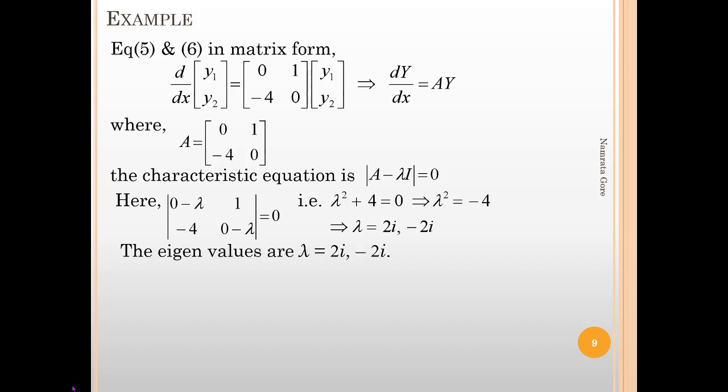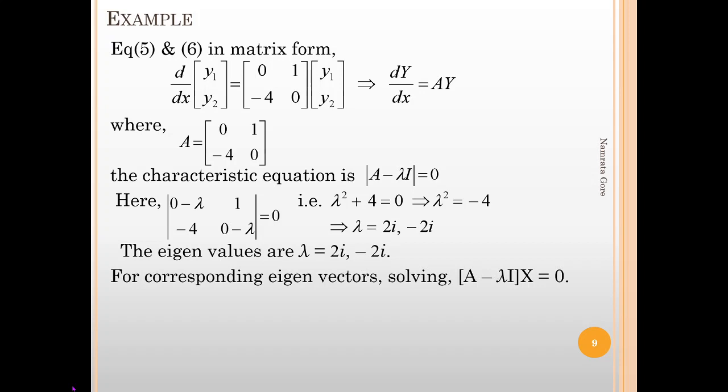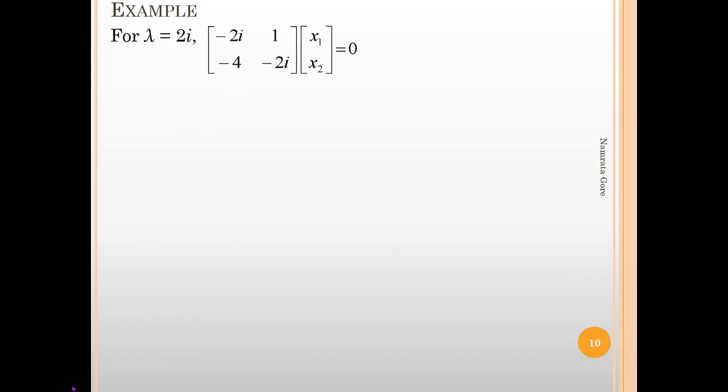The eigenvalues are plus minus 2i and eigenvectors will be calculated using (A minus lambda I) x equal to 0. So this A minus lambda I and x are substituted here. We'll first find for lambda equal to 2i and then for lambda equal to minus 2i.